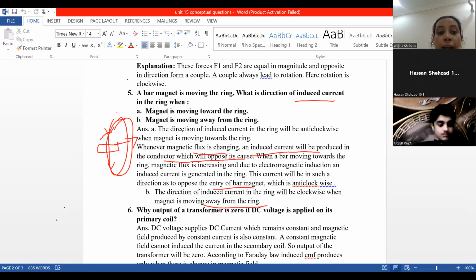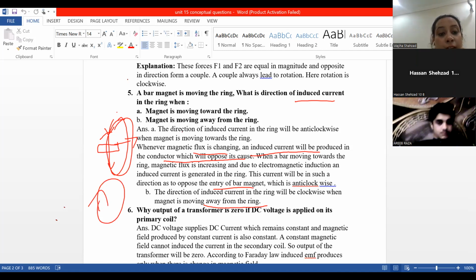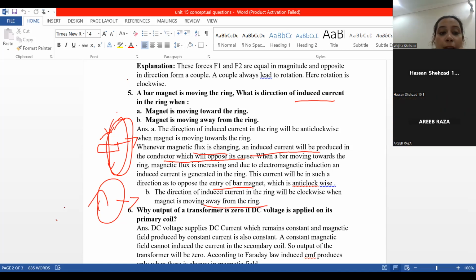In this case, the current is flowing in the ring and we are taking the bar magnet away from this coil, because this coil is also producing a magnetic field and the bar magnet is also producing a magnetic field. When we bring them close together, the direction of current will be anti-clockwise, and when we take the bar magnet away from it, the direction will be clockwise, right?